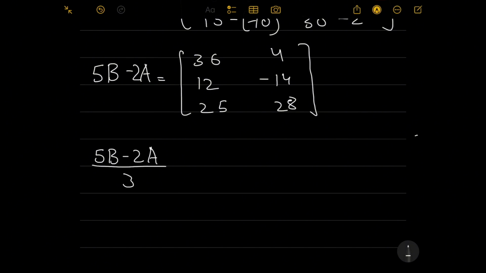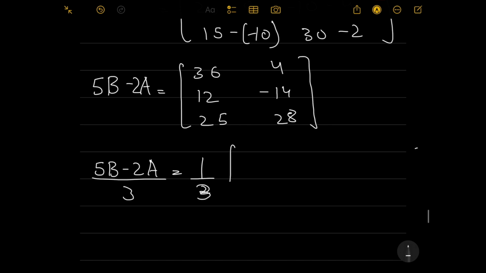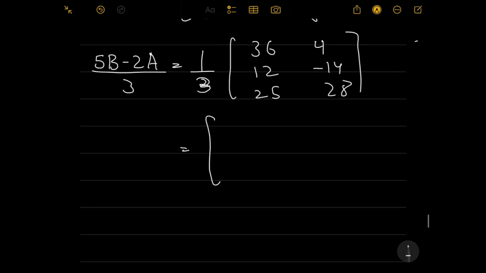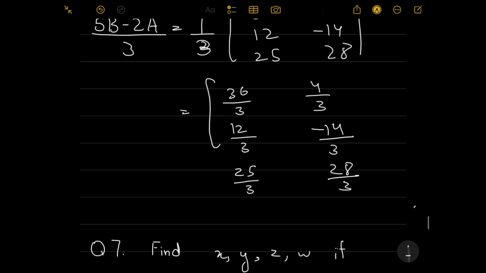5B minus 2A divided by 3 equals 1 by 3, and then 36, 4, 12, minus 14, 25, 28. So simply divide it. 36 divided by 3, 4 divided by 3, 12 divided by 3, minus 14 divided by 3, 25 divided by 3, and 28 divided by 3.